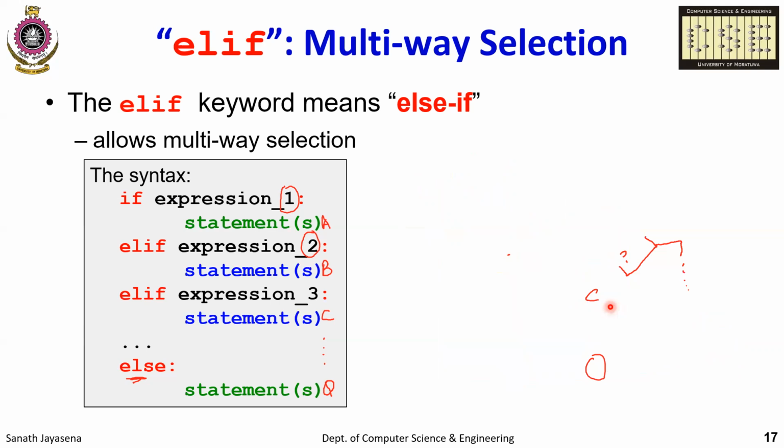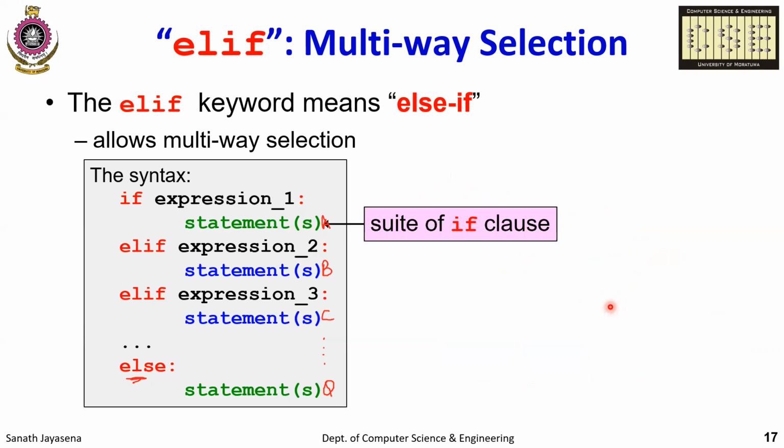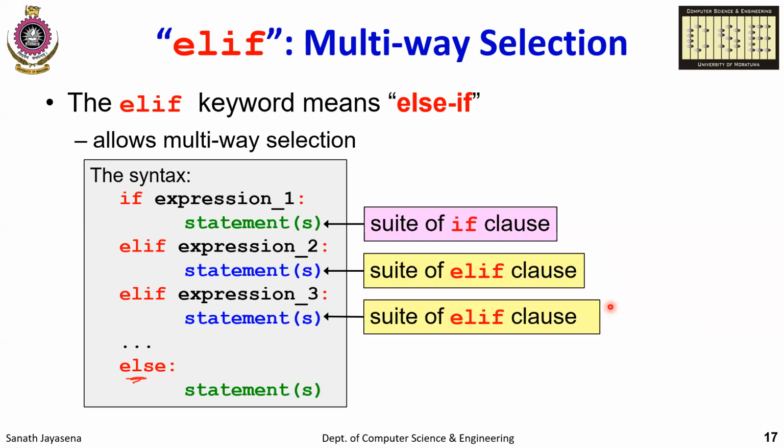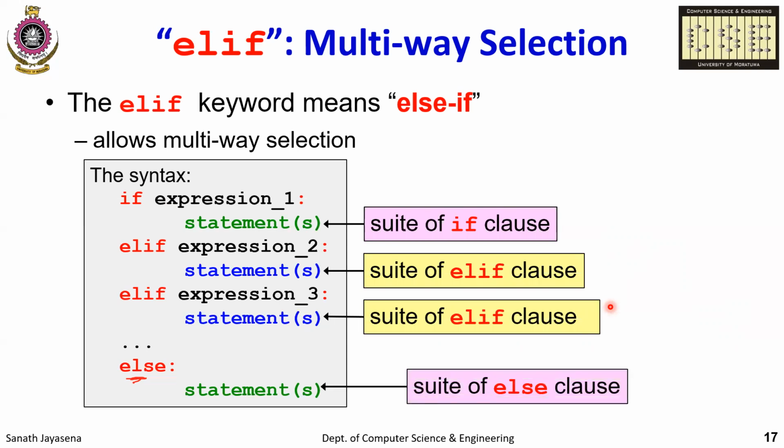I think by now you would have understood what this means. You're simply checking one by one a set of expressions, right? So suite of the if clause, suite of the elif clause, suite of the next elif clause, it goes on like that. Finally, the suite of the else clause.